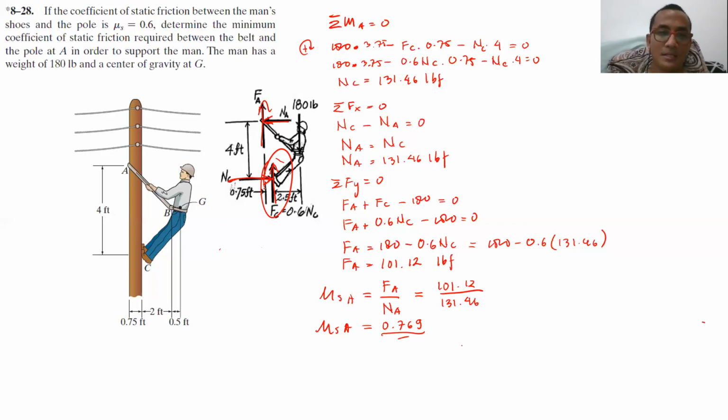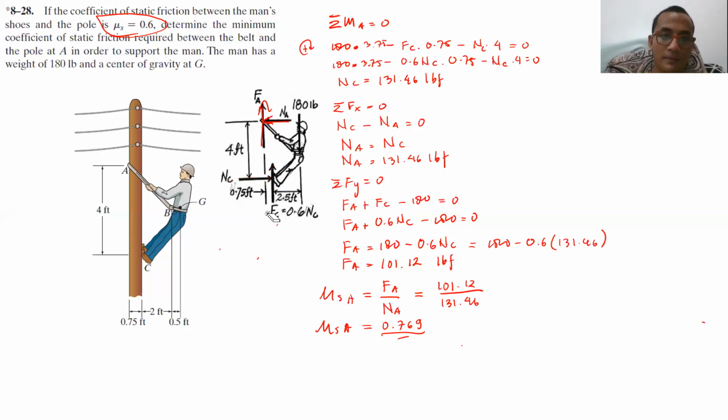That's why the friction force that we write there is the maximum, 0.6 multiplied by the normal force, because the coefficient of static friction is 0.6. So that is our maximum static friction.